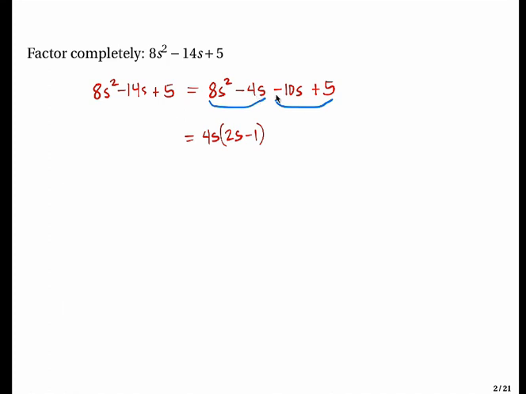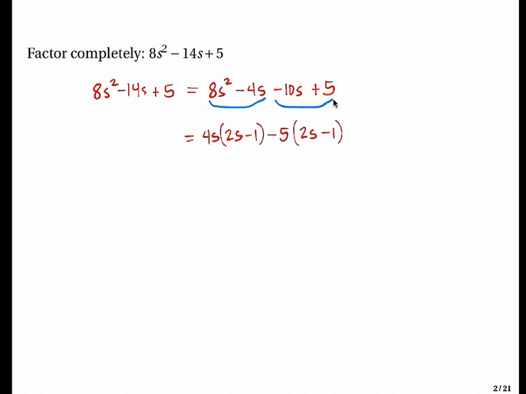And in this group, notice that 5 is a common factor. So we factor out negative 5, and what will remain inside is the factor 2s minus 1.